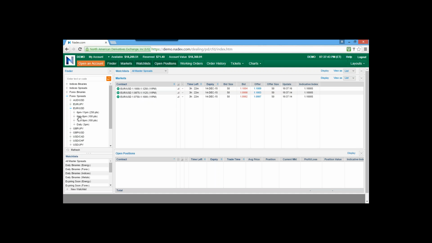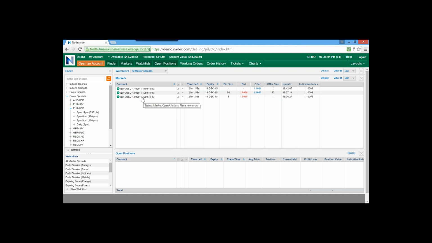Okay? Actually, let's look at these. Let's look at the 6 to 8s. They're just easier. So we know that every 2 hours, these 2-hour spreads are how wide? 100 points, right? So if the indicator is at 1.1000, boom, guess what?